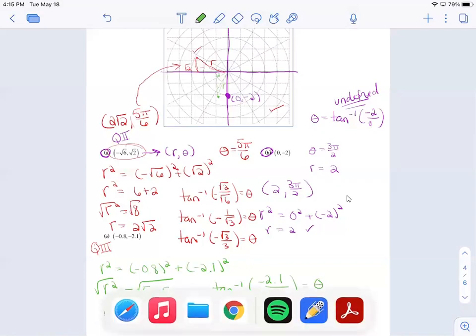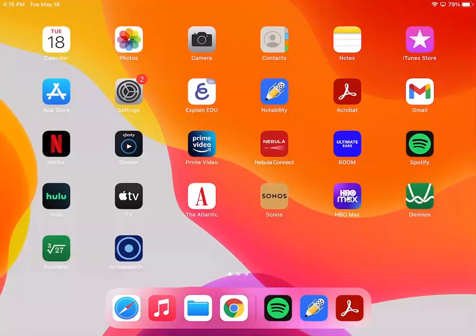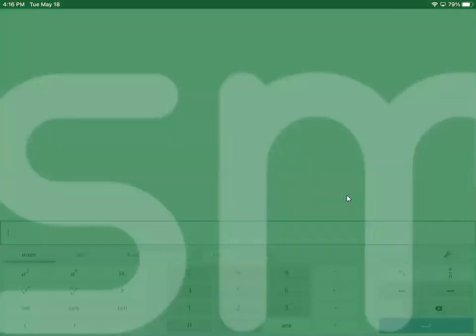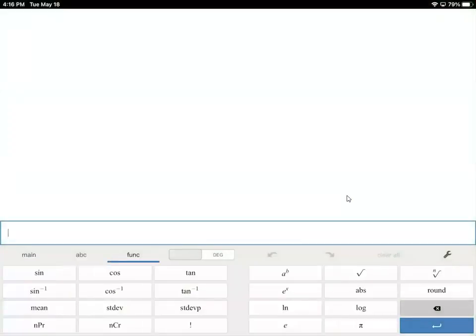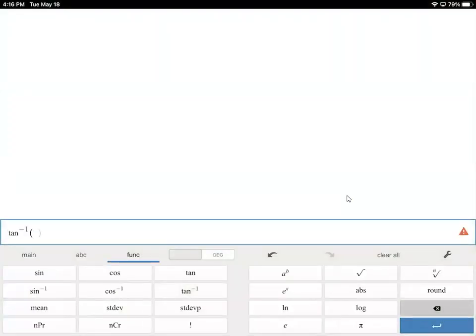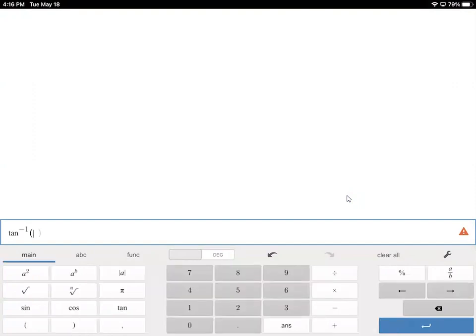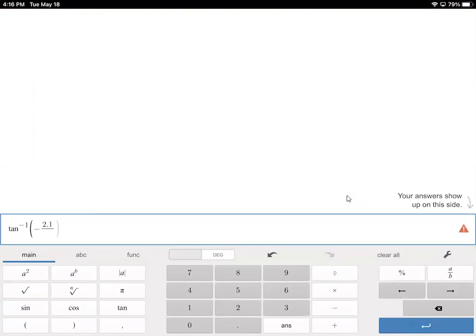So I'm going to go ahead and bring up Desmos, function inverse tangent, and it was negative 2.1 divided by negative 0.8. Now I'm in degrees, which you can be, but let's stick to radians.